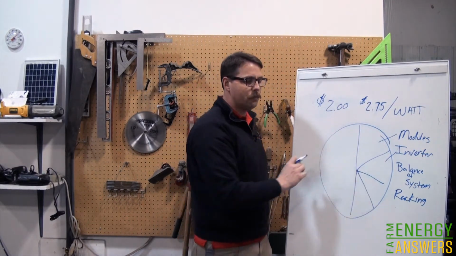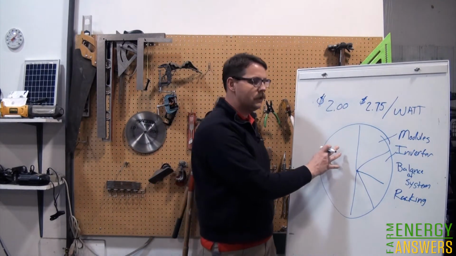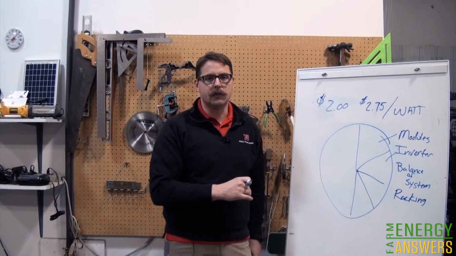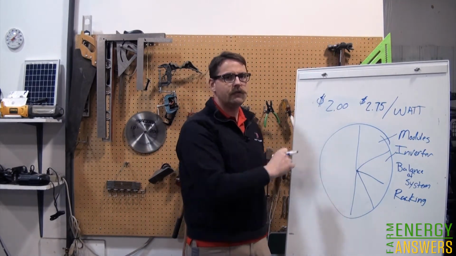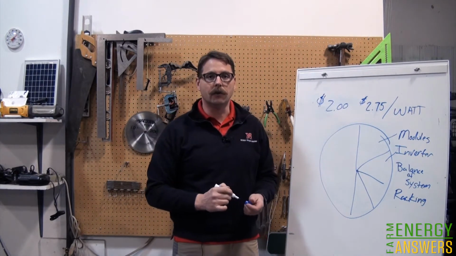So about 50% of the cost of the system is in the actual materials, and the rest is going to be in your permits, fees, installation, and profit from the installer. That total installed cost should fit within the range we talked about in dollars per watt, and that should be clearly spelled out on your quote.